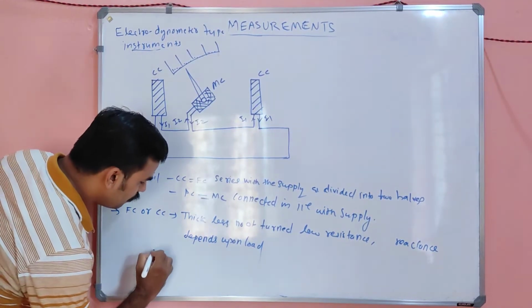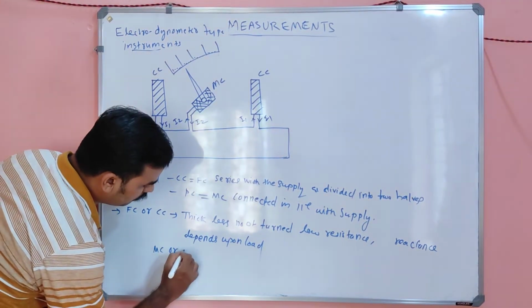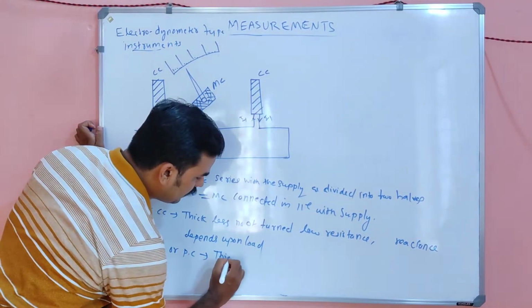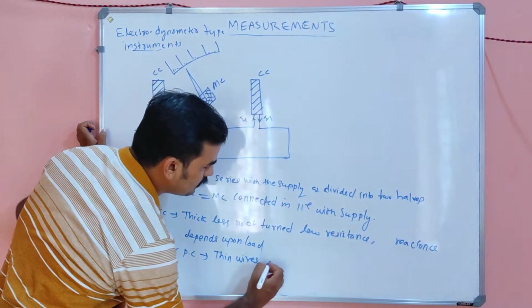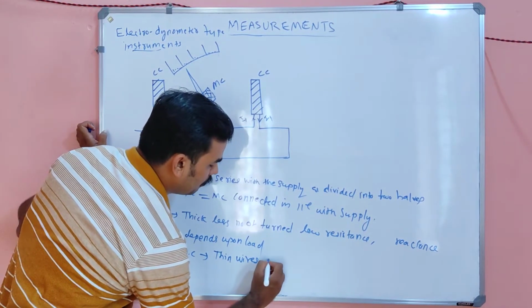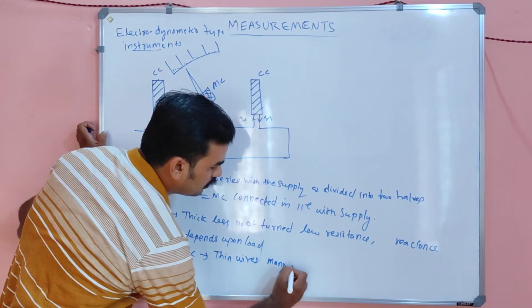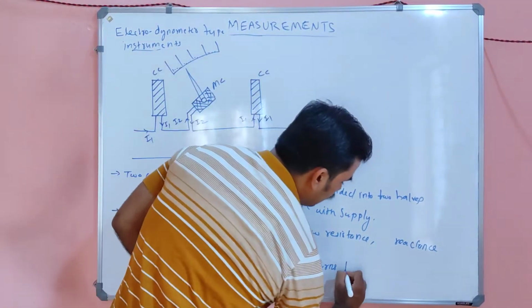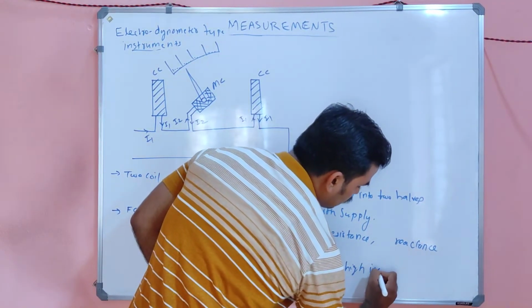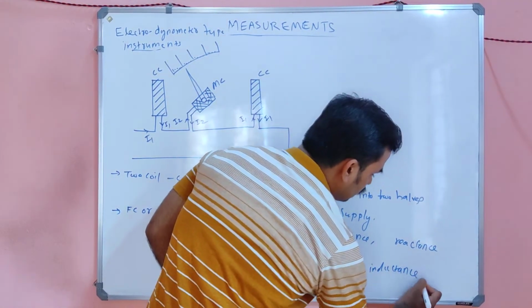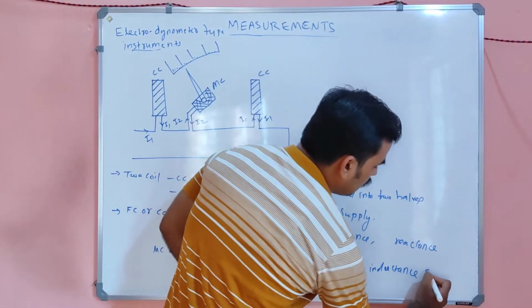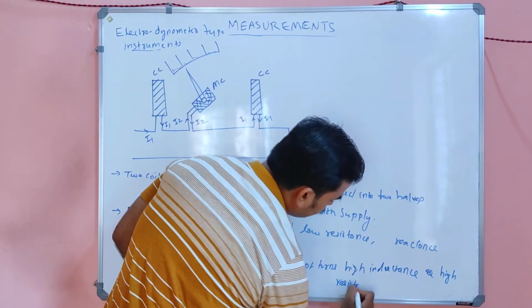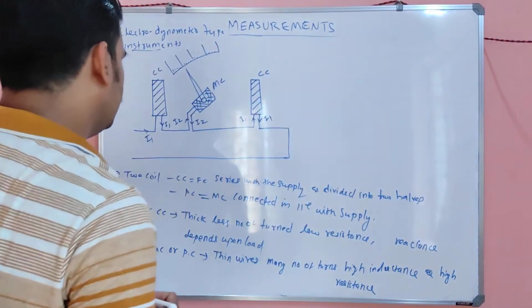And the moving coil, or pressure coil or potential coil, has thin wires, many turns, high inductance, high reactance and high resistance.